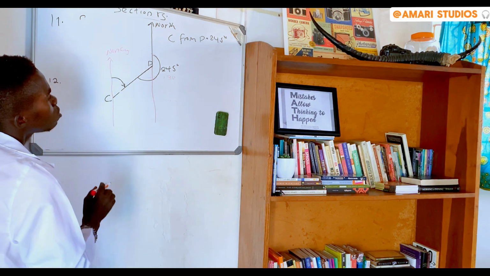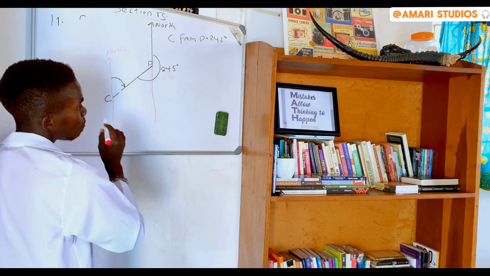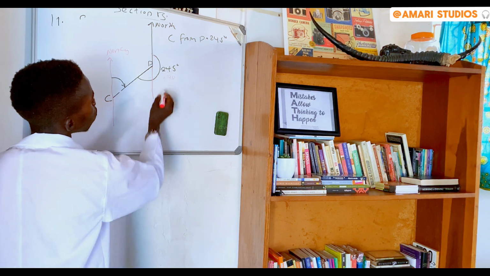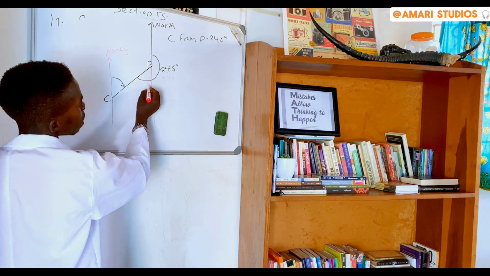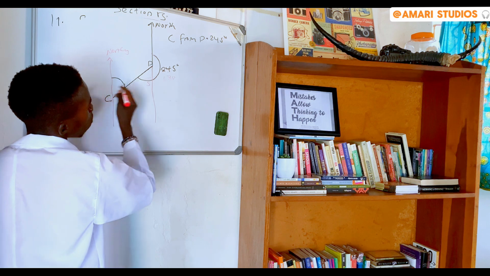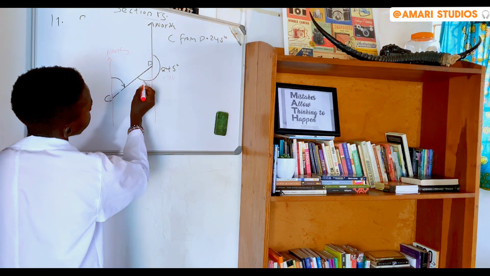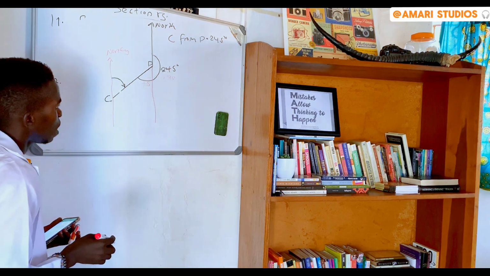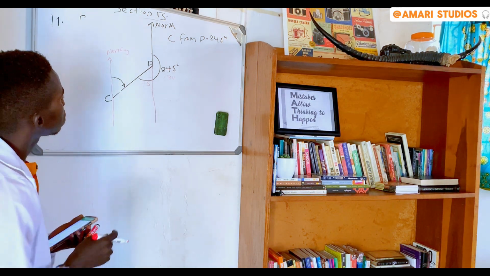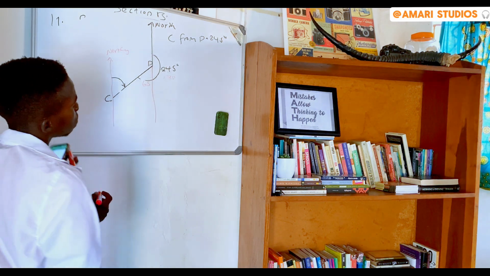So we are going to subtract 180 from 245. 180 from 245, we get 5. Then 24 minus 18, we get, sorry, 6. That is 65.